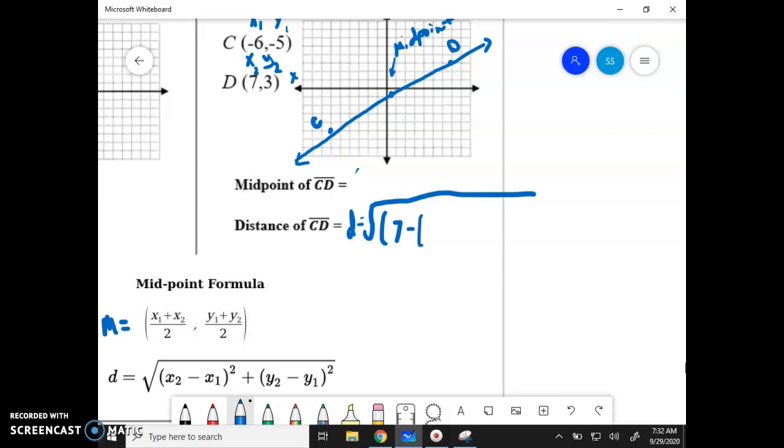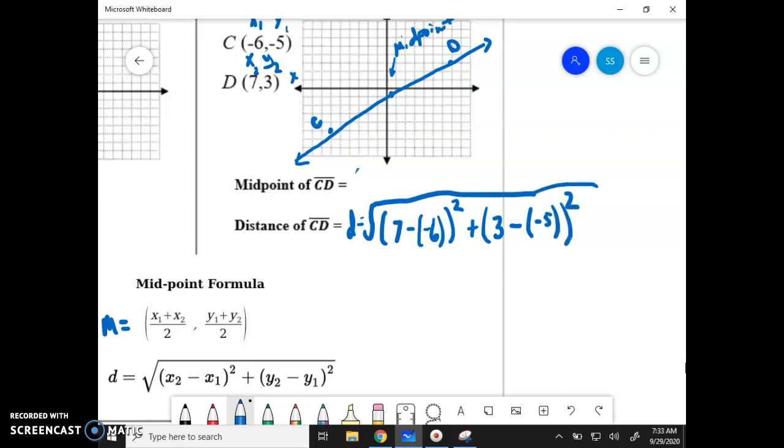This is minus a negative, so I'm going to put it in parentheses, and the formula says to square this. Now we add the y parts: y2, which is 3, minus, because that's what the formula says, negative 5. So I have to put this in parentheses again.